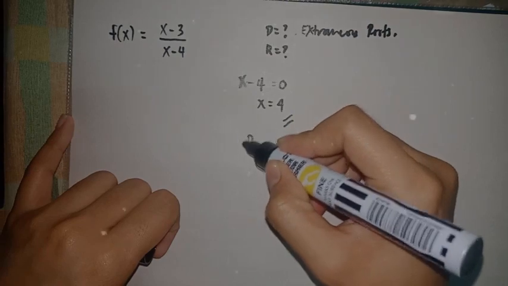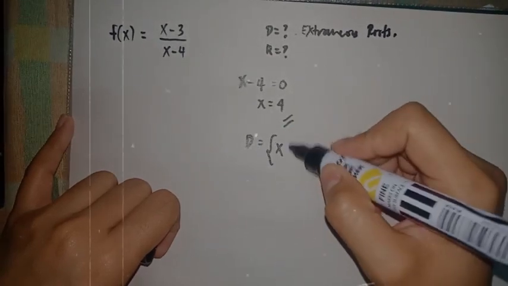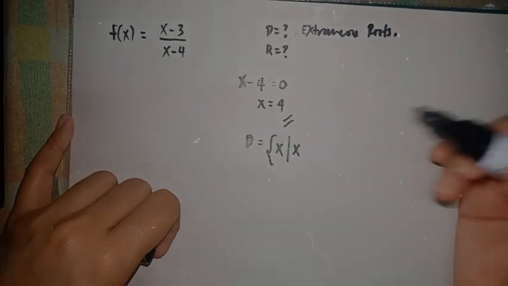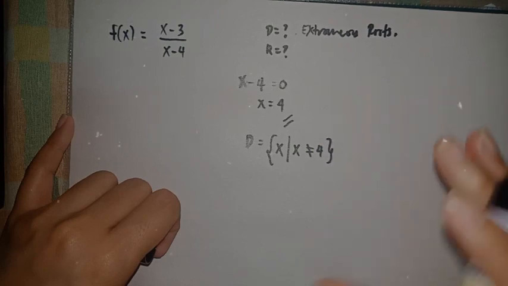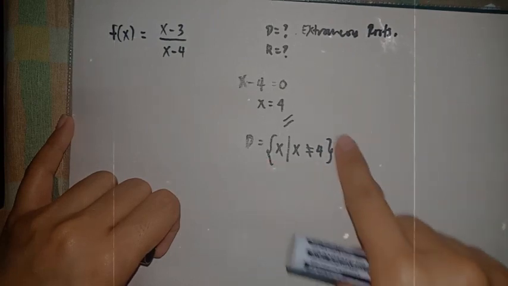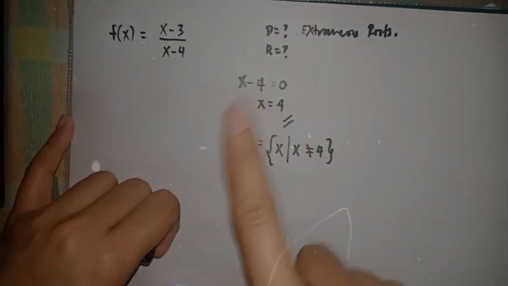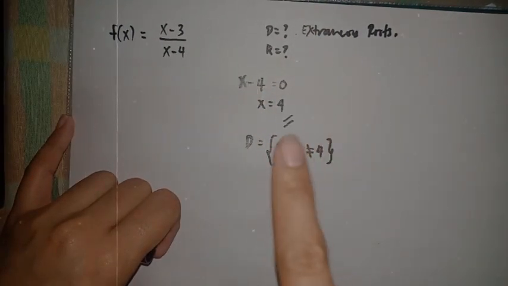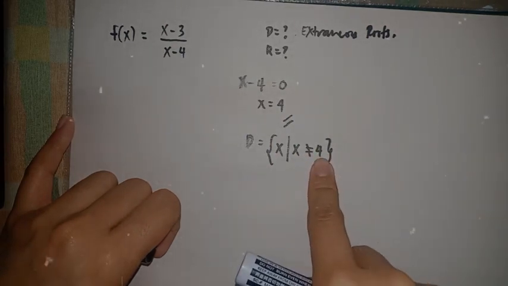Our domain is the set of real numbers such that x is not equal to 4. In short, this tells you that our domain is all real numbers, positive numbers and negative numbers including 0, except only for positive 4.